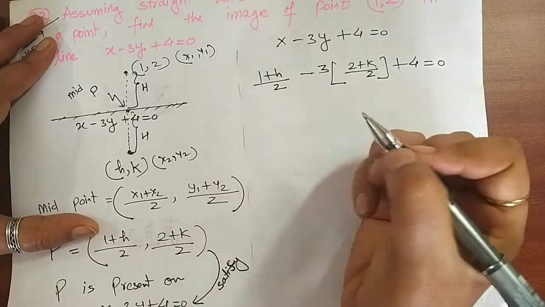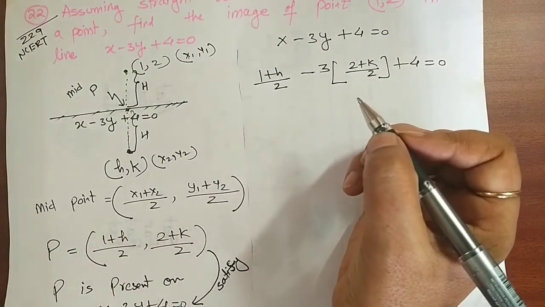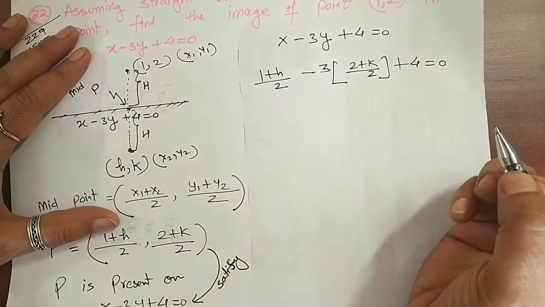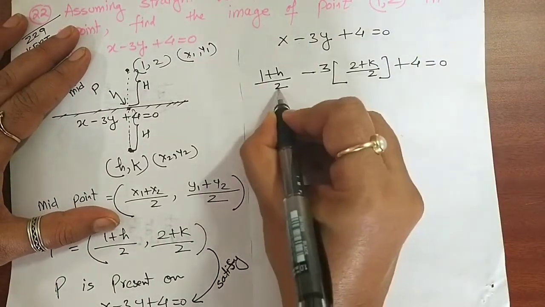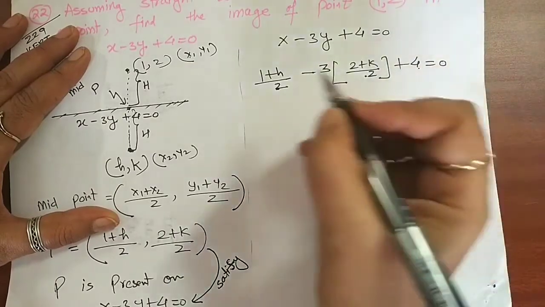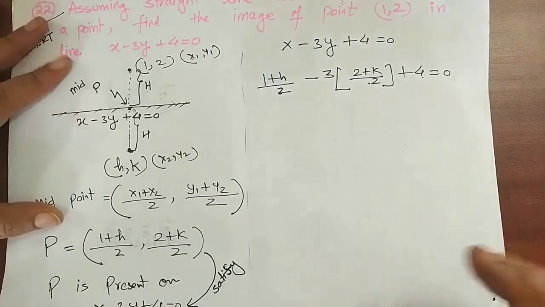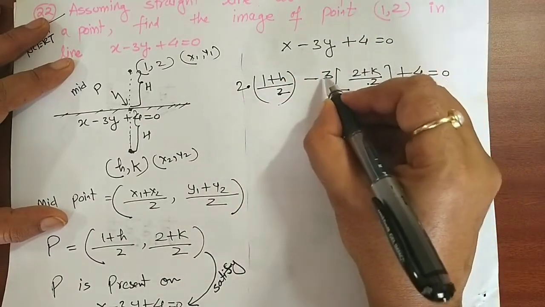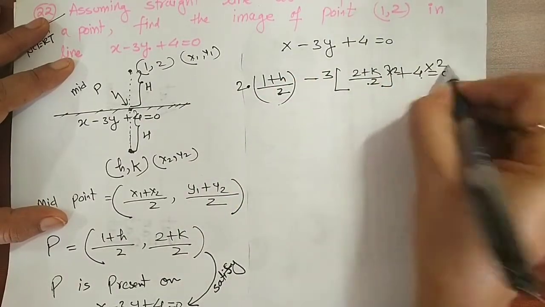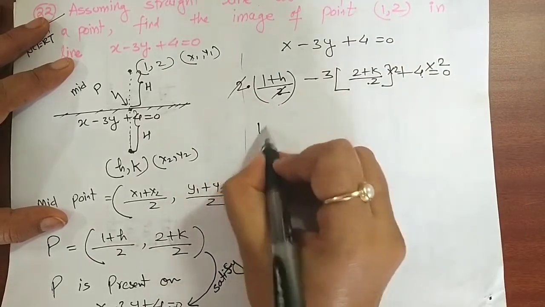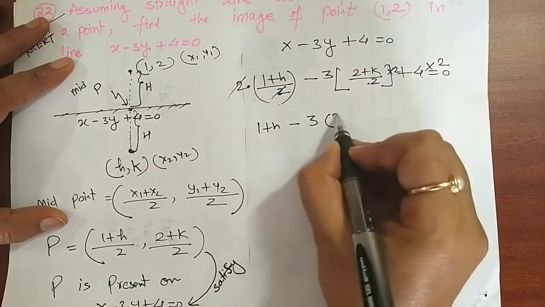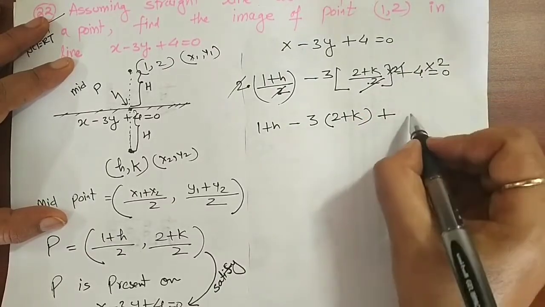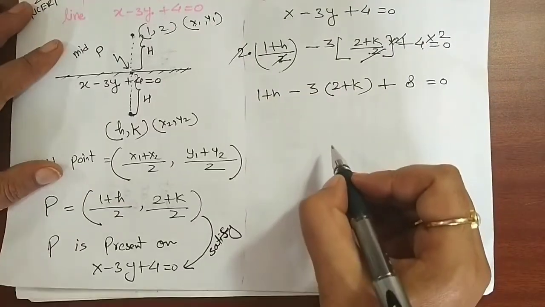Okay, so now I have to just solve it. Let me multiply this by 2, this also by 2, and this also by 2. So the 2s cancel. This is 1 plus h minus 3 into (2 plus k), and this 2 will cancel, plus 4 twos are 8, is equal to 0.